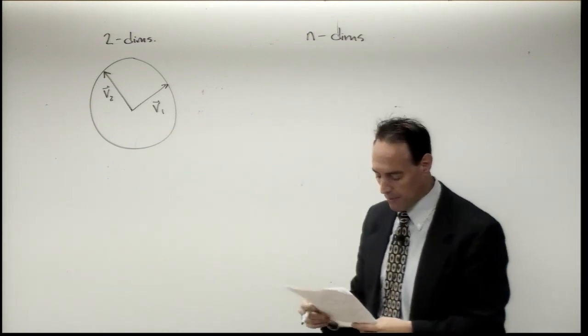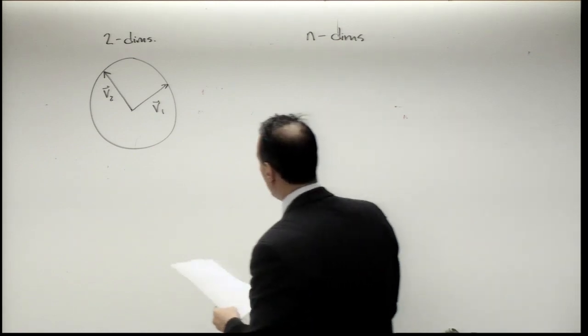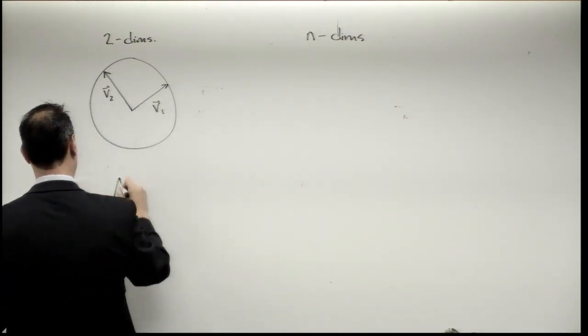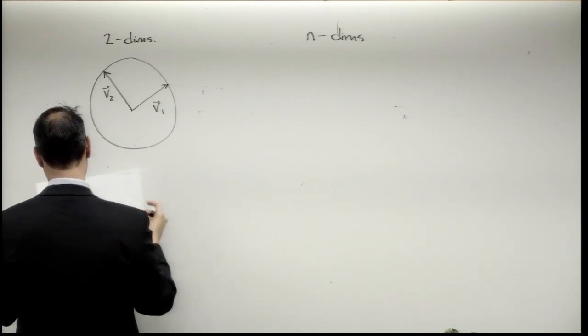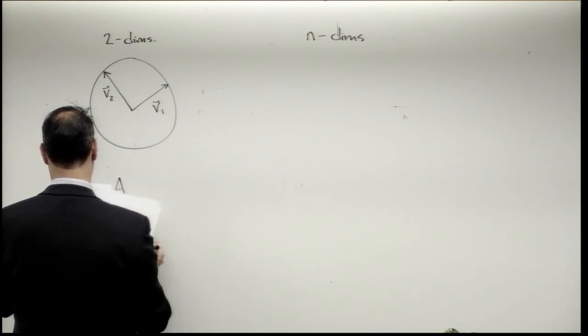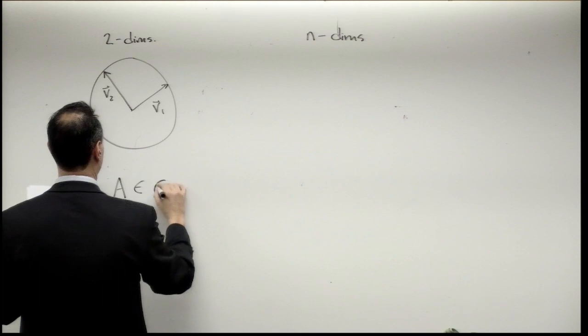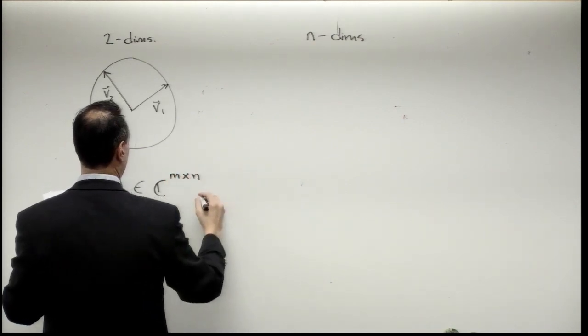And then I ask the following question. If I take a matrix A, which is some kind of m by n matrix, let me write it down here so I can get all my notation correct. So this is just an element of m by n matrices.